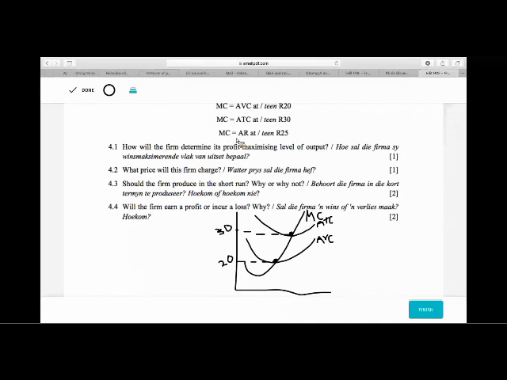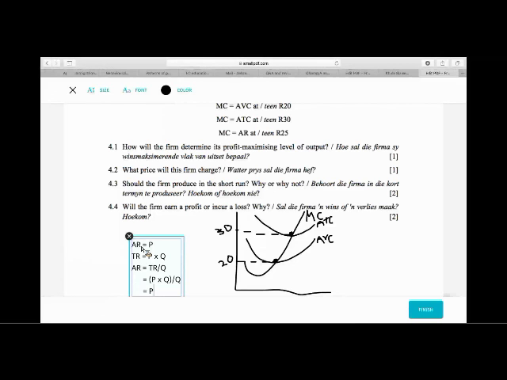So the trick here is knowing that average revenue is the same as price. And the reason I can say that is because total revenue is price times quantity. Average revenue is total revenue divided by quantity. So if I take that function, price times quantity, and divide it by quantity, I just end up with price. So average revenue is the same as price.